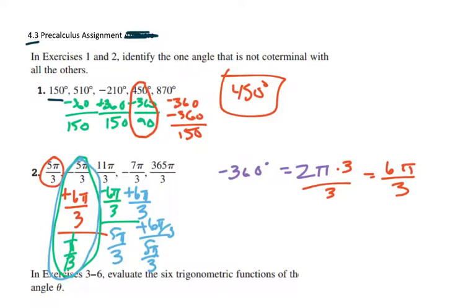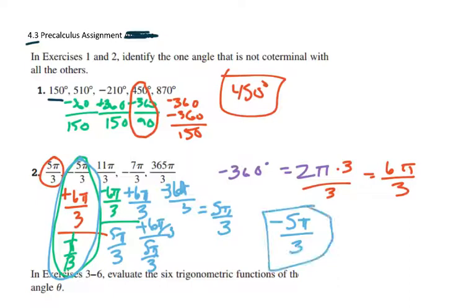However, we can subtract as many 6 pi's as we can from 365. Turns out we'd be doing it 60 times. 60 times 6 makes 360, and so if we subtract 360 pi over 3, we're going to get 5 pi over 3, which is of course what we wanted to match. So in that case, the one that does not equal is negative 5 pi over 3.